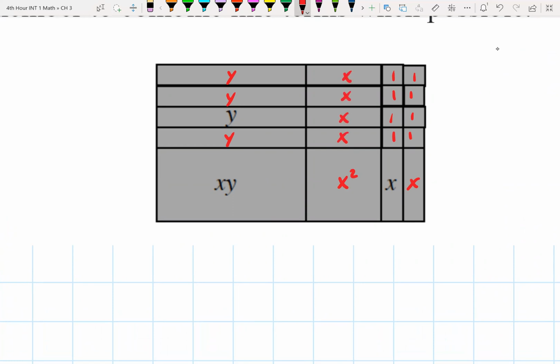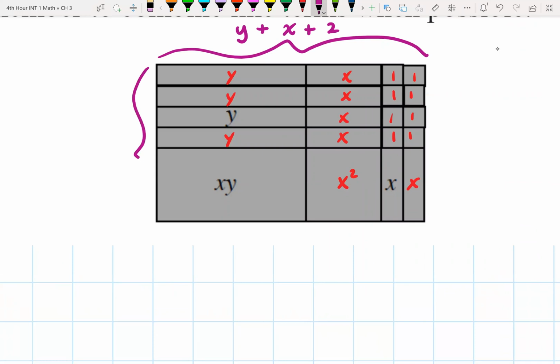We can model the area of this rectangle by writing out its dimensions. The top part of this rectangle is y plus x plus 2. The side dimensions: these y tiles are 1 by y tiles, so it's really just 1, 1, 1, 1.